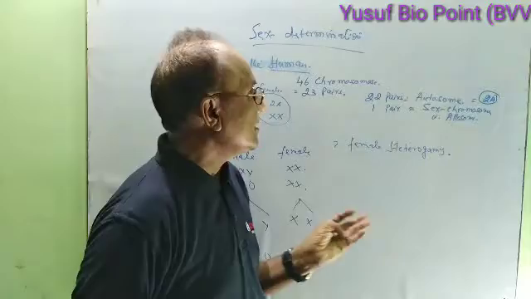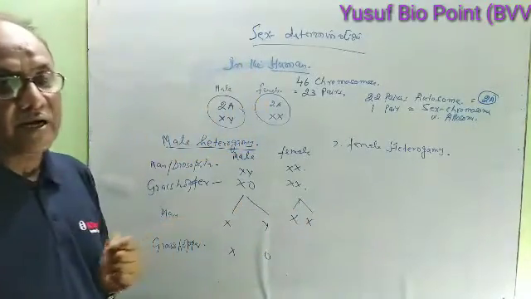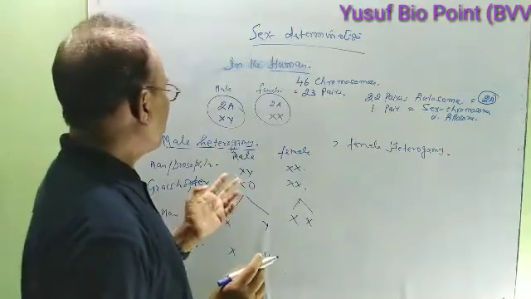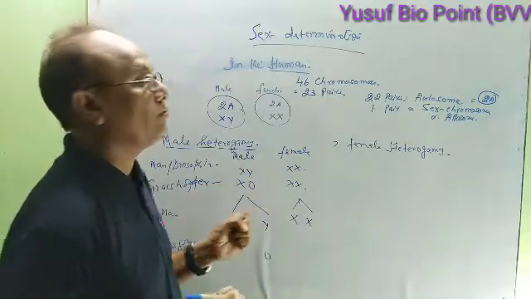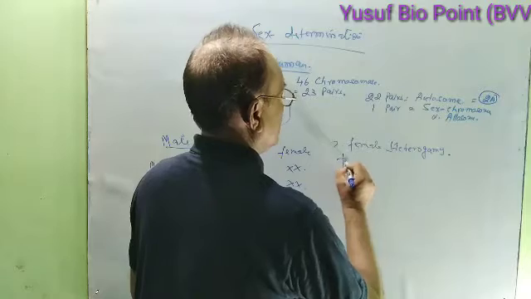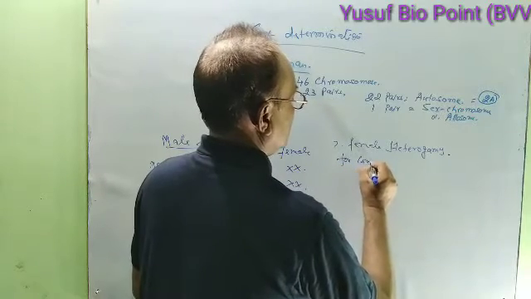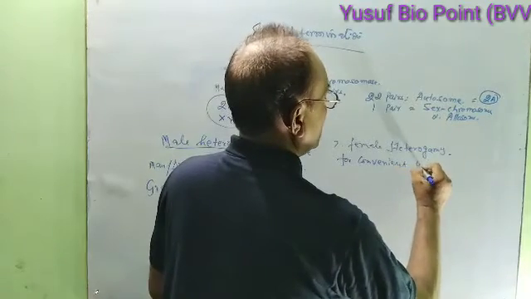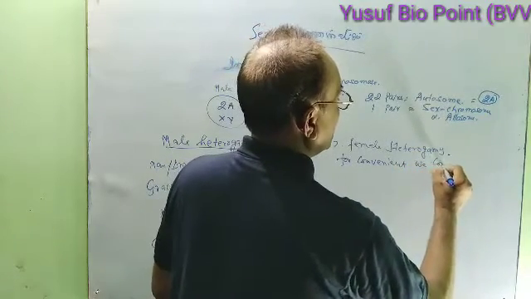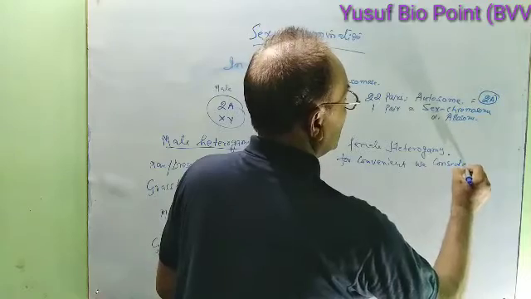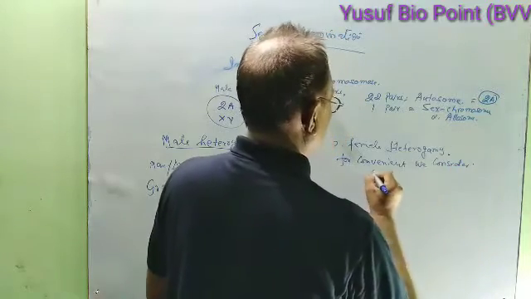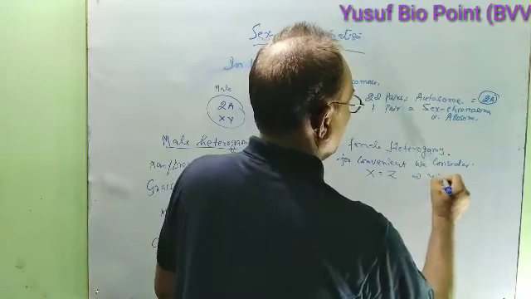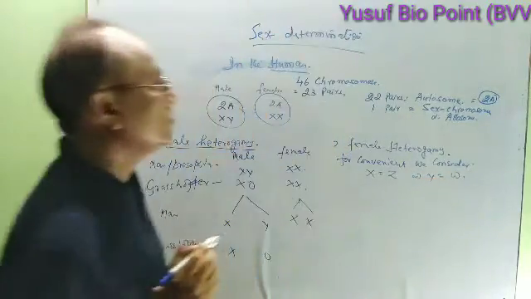That's why, for the convenience of study and for differentiation, we take Z and W in place of X and Y. And then we consider X as Z and Y as W.